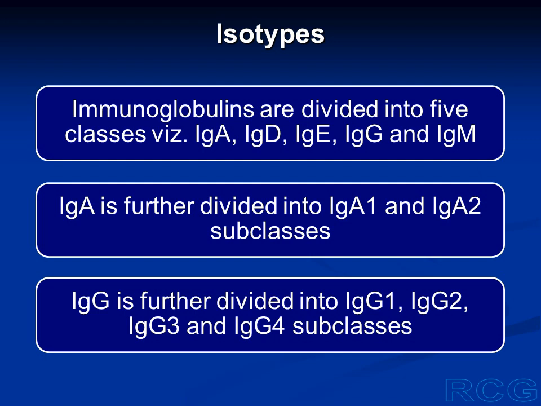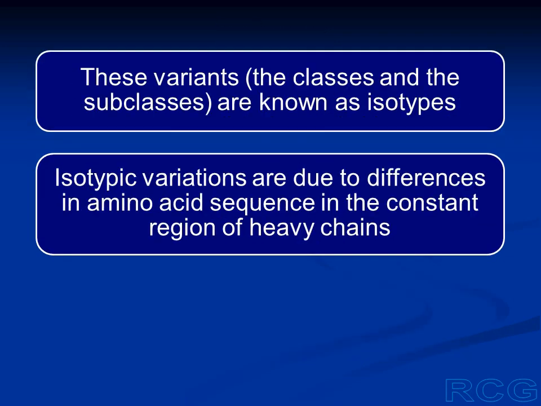IgG has four subclasses, which are IgG1, IgG2, IgG3, and IgG4. Each class and each subclass constitutes an isotype. The classes and the subclasses constitute different isotypes.